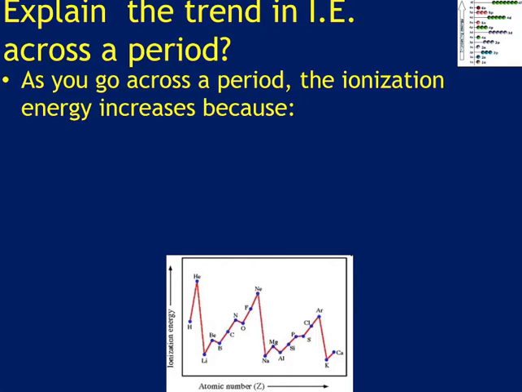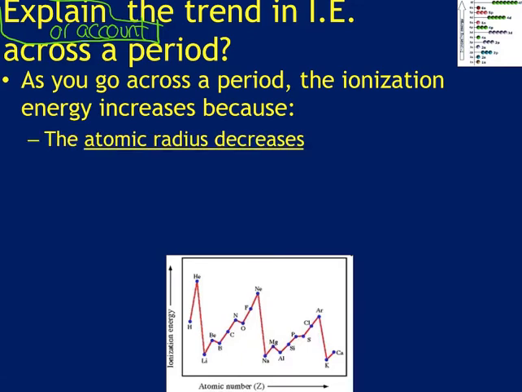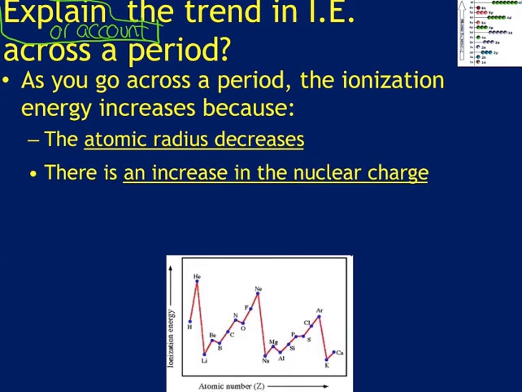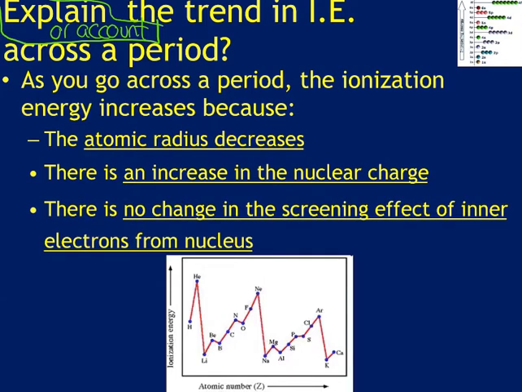We then link to explaining. So apologies, it's explain or account might be the way the question asks it, so if you want to include that in your notes. So as you go across a period, the ionization energy increases, and now we're back to the three things we can say about atomic radius. Because the atomic radius decreases, and the reason for the decrease is that there's an increase in the nuclear charge, and there's no change in screening.